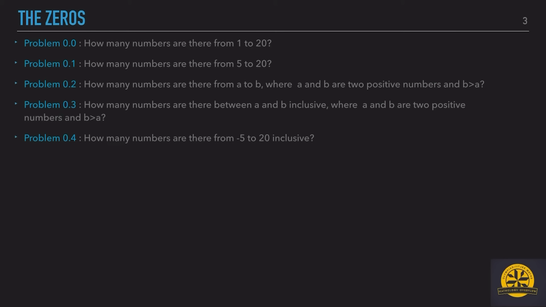Alright, so now we have a negative number over here. We are asked how many numbers are there from minus 5 to 20. Let's take our first sequence, S1, which starts from minus 5, minus 4, minus 3, minus 2, minus 1, 0, 1, 2, all the way up to 20.